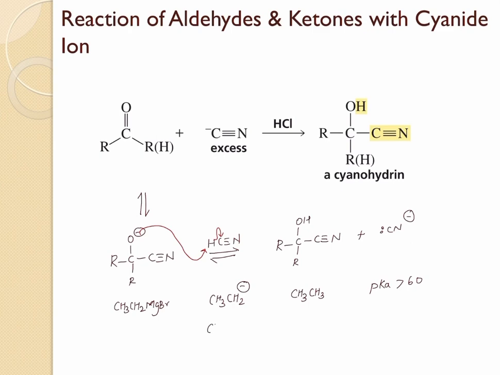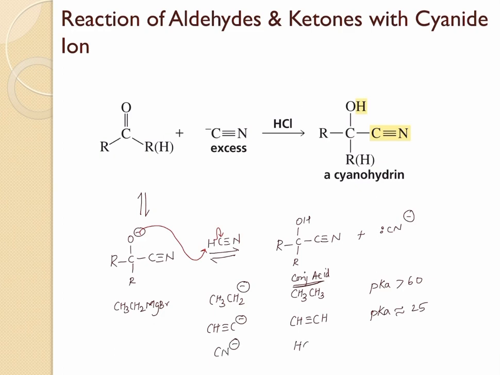In the case of acetylide ion, the acetylene molecule is the conjugate acid, which has a pKa value of approximately 25. Let's do the same thing for cyanide ion.